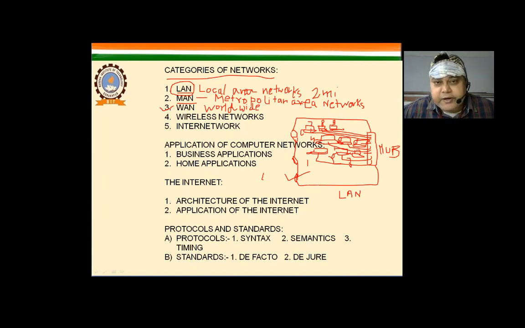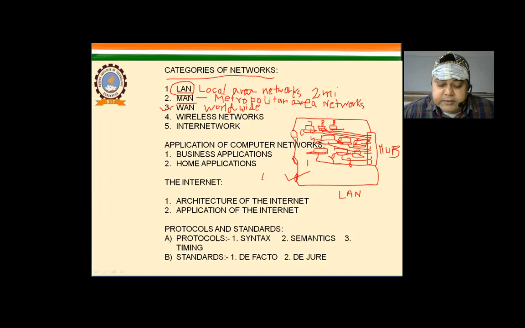Normally we connect a LAN through one type of transmission, like coaxial wire, optical fiber, or twisted pair wires. The most common LAN topologies are bus, ring, and star.